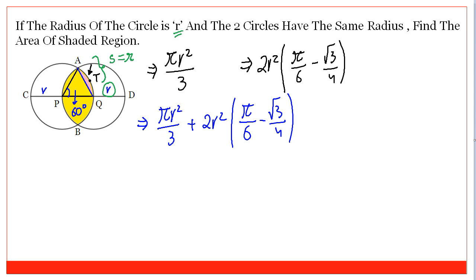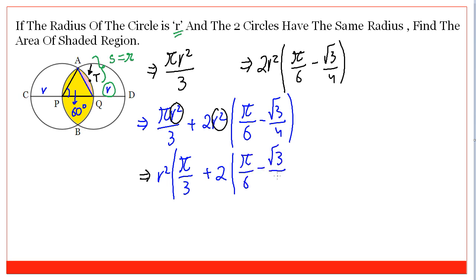So now we can factor out R² from this expression. After factoring out, we get R² multiplied by π/3 plus 2 multiplied by π/6 minus √3/4, the two brackets together.